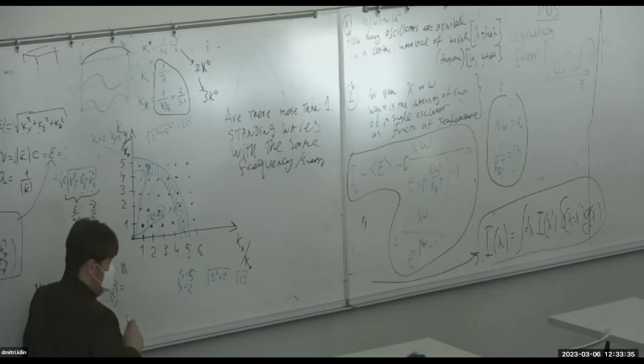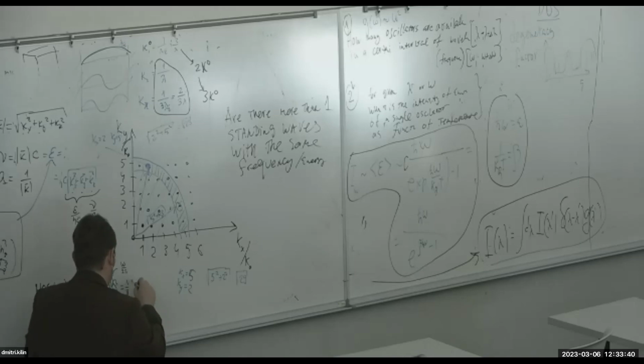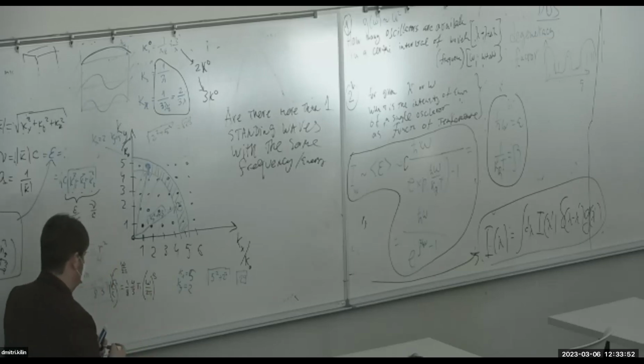Right? 1/8 of 4/3 pi, omega over 2 pi to the power 3. And we will be able to cancel several factors.